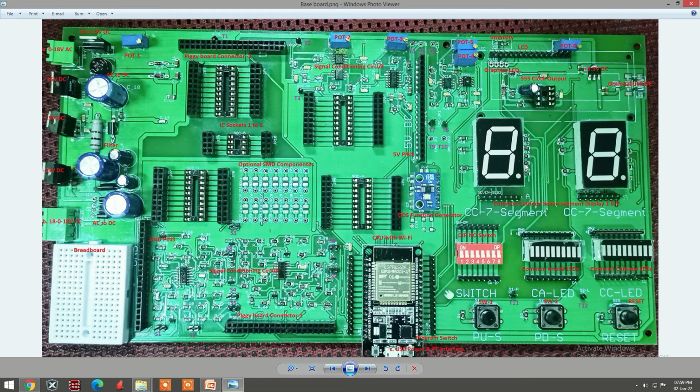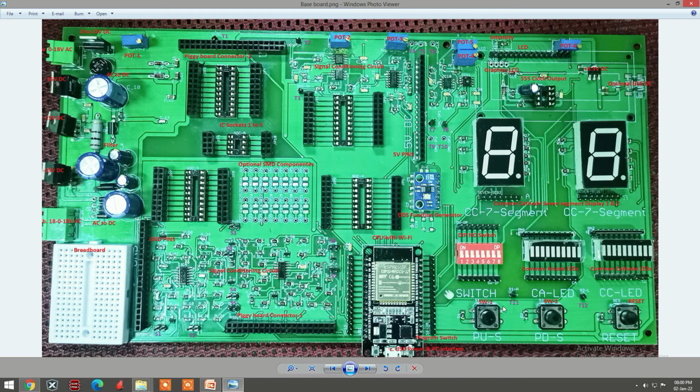So 2 7-segment displays are there, larger in size, so that BCD numbers from 0 to 9, or you can say 00 to 99, or practicals where one number is converted to another number, can be verified with the help of these 7-segment displays. So this is another resource mainly for digital and embedded systems.